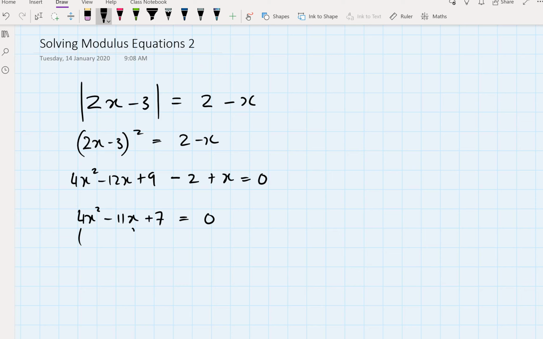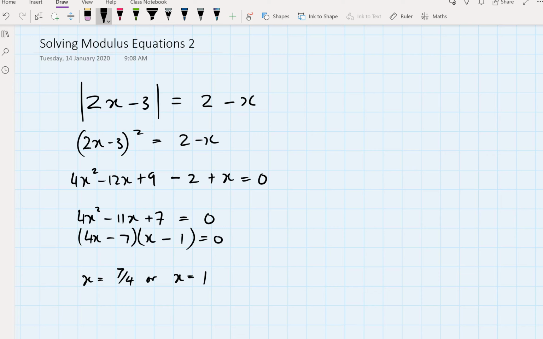That will factorize quite nicely as 4x and x, 7 and 1, minus minus, and so x is equal to 7 over 4, or x is equal to 1.